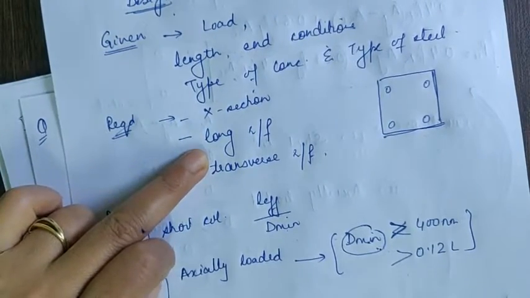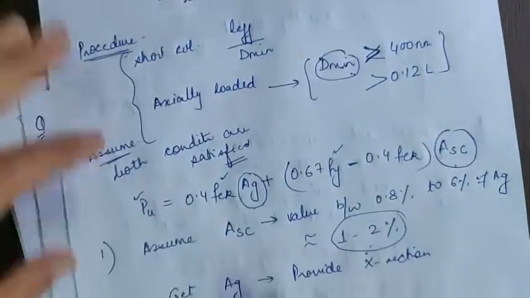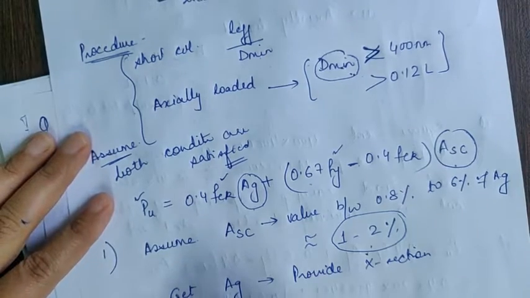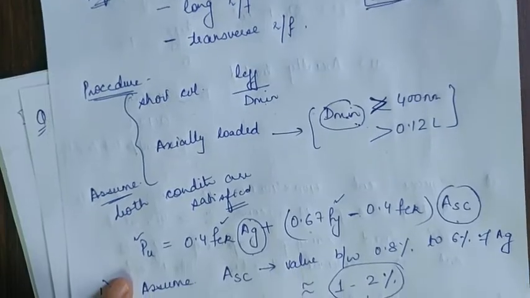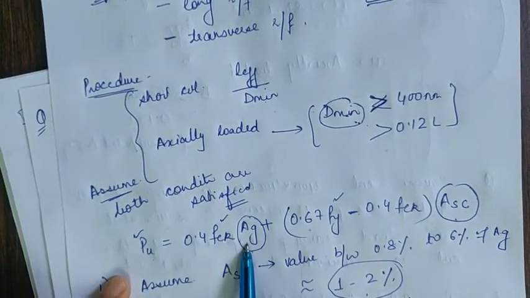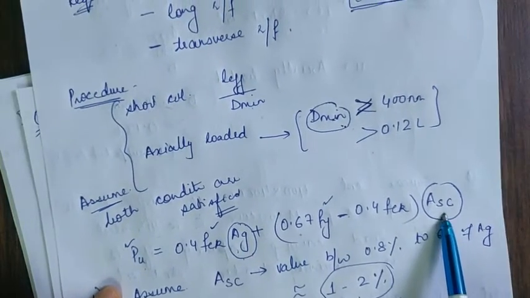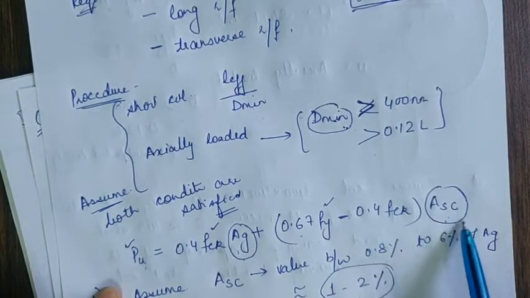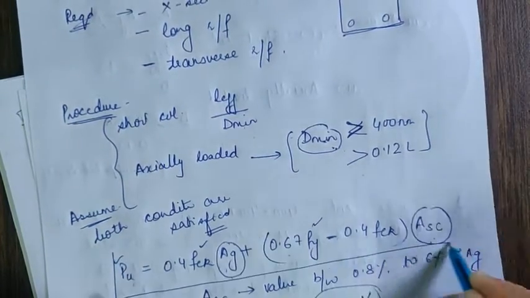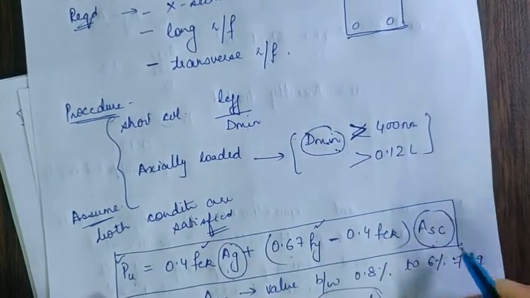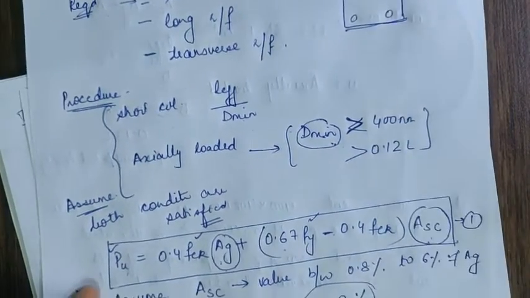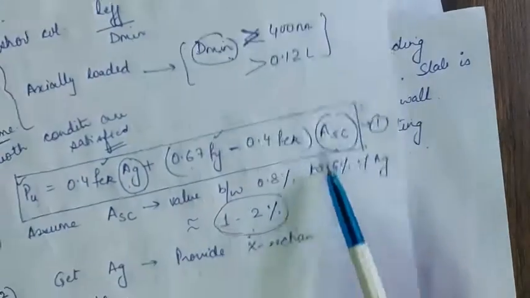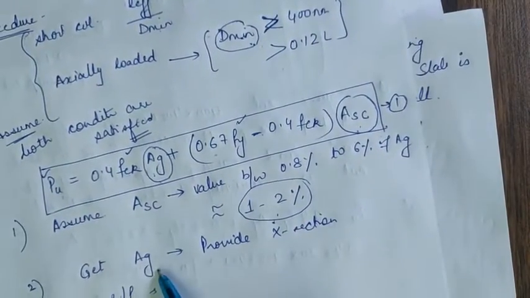Second step is your longitudinal reinforcement. Now in this formula, I know Ag, so I will not assume Asc now. I'll put the value of Ag and get Asc. I'm using this same equation, equation 1. In the first step, I assume Asc and get Ag.